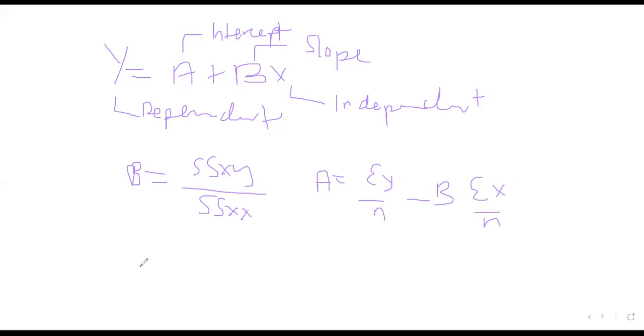So what are these XX's and YY's? These are simply variations. The variation in X has X's throughout: summation of X squared minus summation of X to the power 2 over N. You need to memorize about 98 formulas to be very ready for the exam.